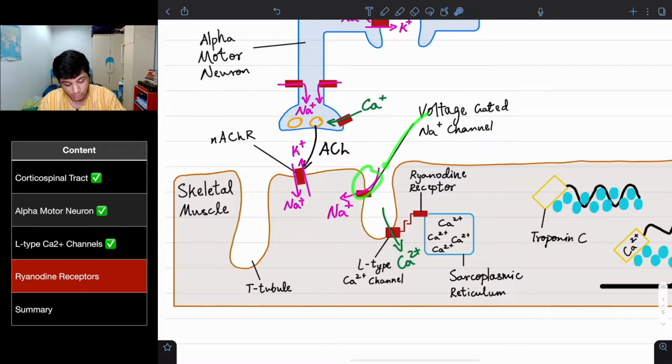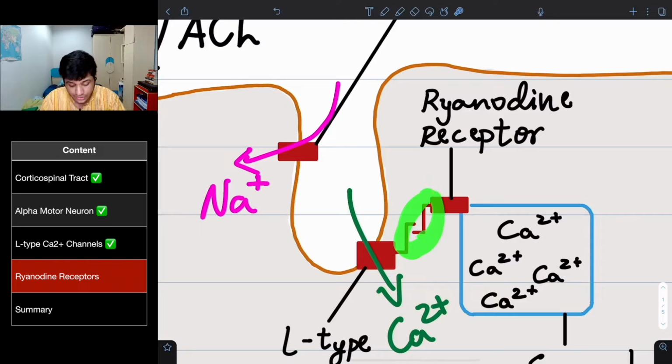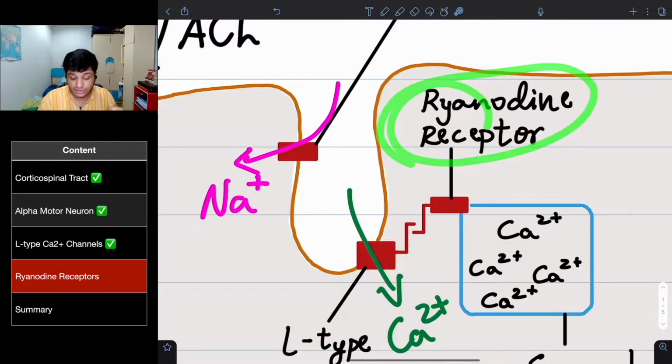This triggers the voltage-gated sodium ion channels to open and causes further depolarization, further influx of sodium ions, right? These sodium ions trigger the L-type calcium ion channels to open, causing the calcium ions to enter, which allows mechanical interaction. Can you see that? I drew this. There's a mechanical interaction with a receptor called the ryanodine receptor.